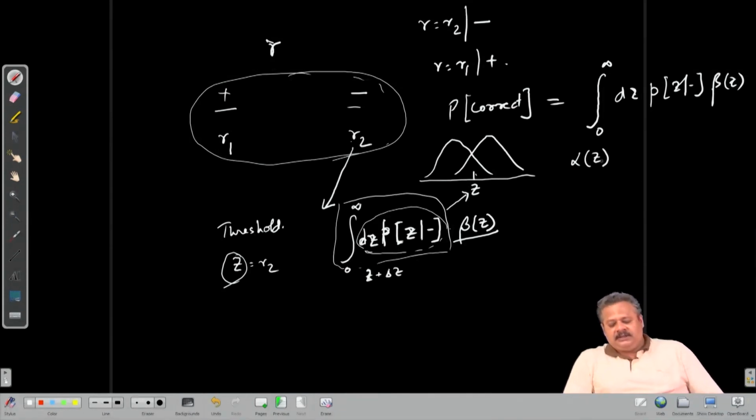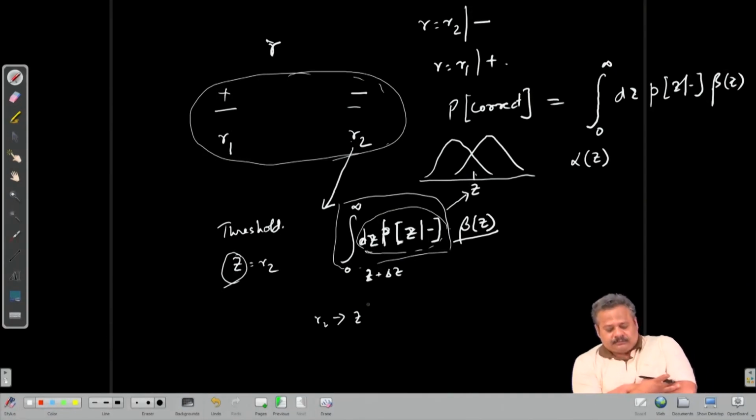The alpha z is that false alarm. Again, we have the rate response for the second stimulus R2, that is the observation that it is z, and we need to integrate that. We know that given the stimulus is minus, we are saying that the stimulus is plus.